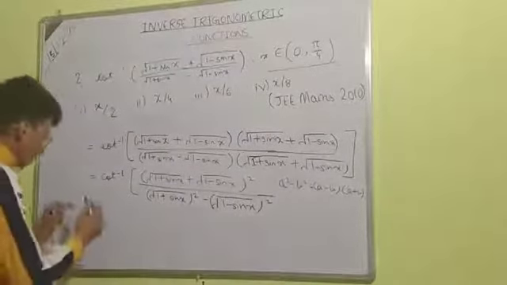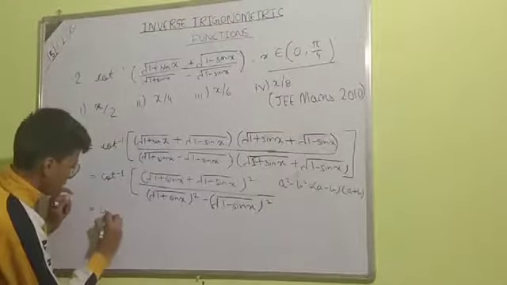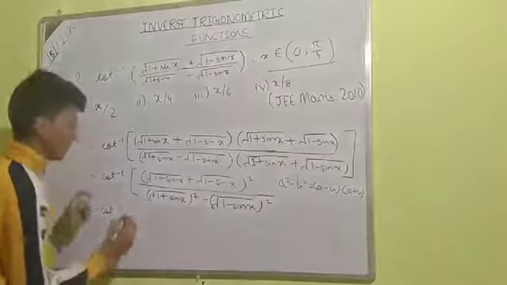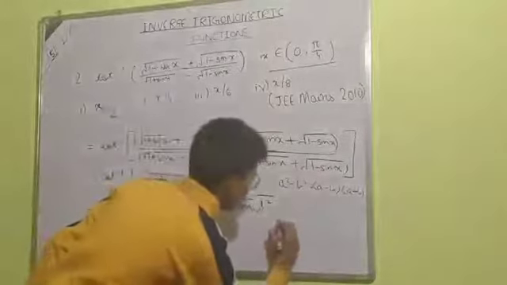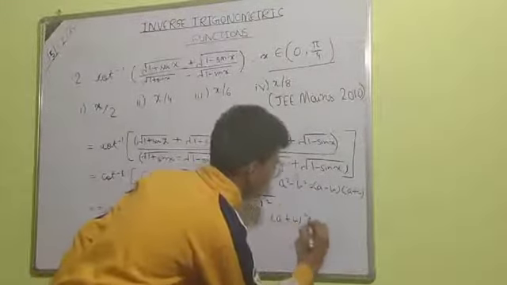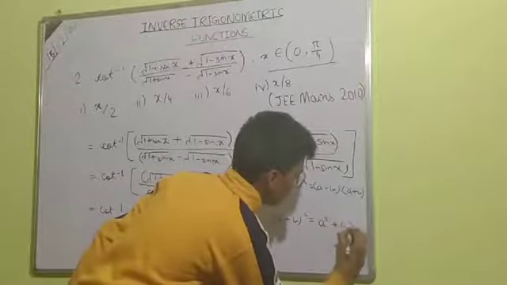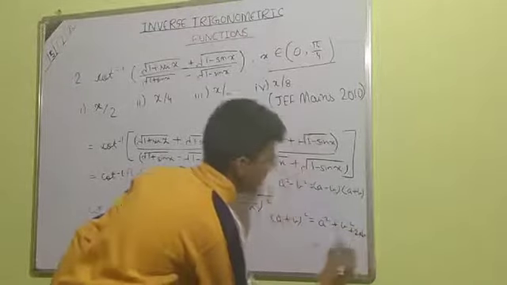So now this will be cot inverse 1 plus, that is using the formula a plus b whole square, that is a square plus b square plus 2ab.